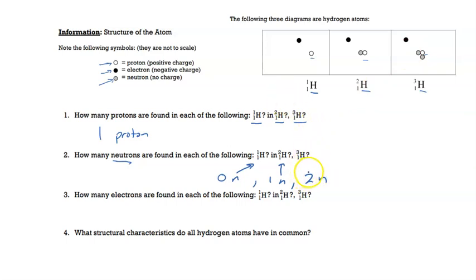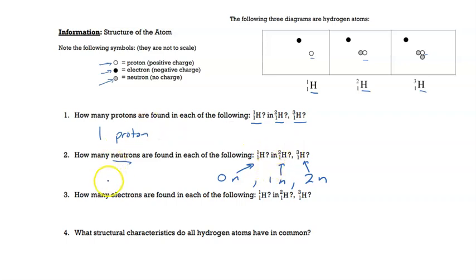So one thing we should begin to notice right away is that the number of protons in all varieties of hydrogen is 1. So all hydrogen varieties have 1 proton. However, different varieties of hydrogen atoms have 0, 1, or 2 neutrons. So an inference we can make is the number of protons in a certain element does not change, but the number of neutrons in an atom of an element can change.